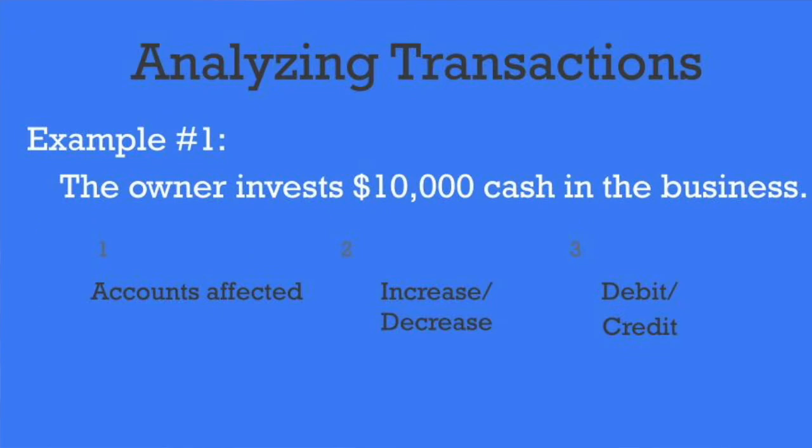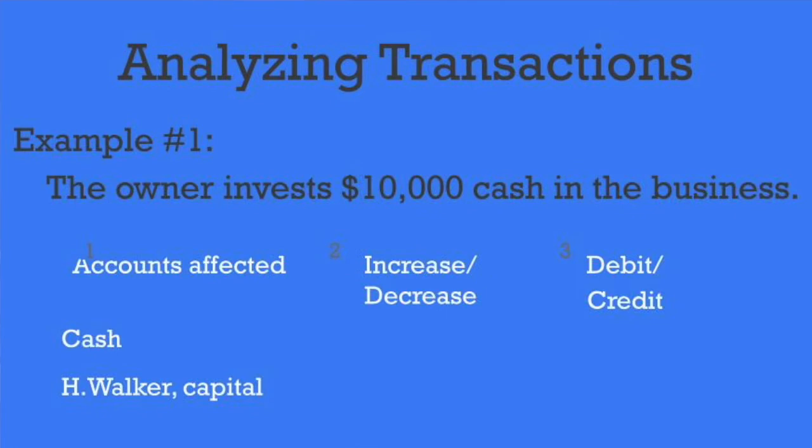The owner invests $10,000 cash in the business, okay? The owner puts $10,000 into the business. So let's think about it. What have we got going on here in terms of the various accounts? First of all, there's $10,000 cash. So the cash account is being affected. How is it being affected? It's going up.